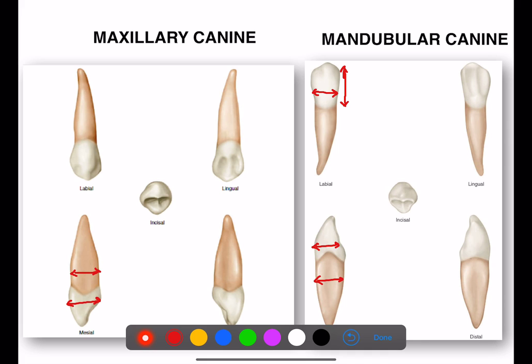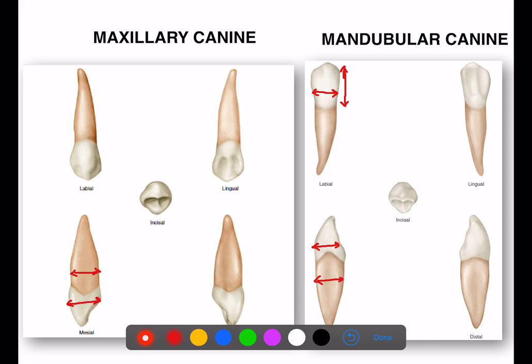The mesiodistal dimension is less, which makes an illusion that the crown appears to be longer, or sometimes it is longer. Whereas if both of the canines are given in the options, go with the maxillary canine. Maxillary canine is the longest tooth in the human dentition.